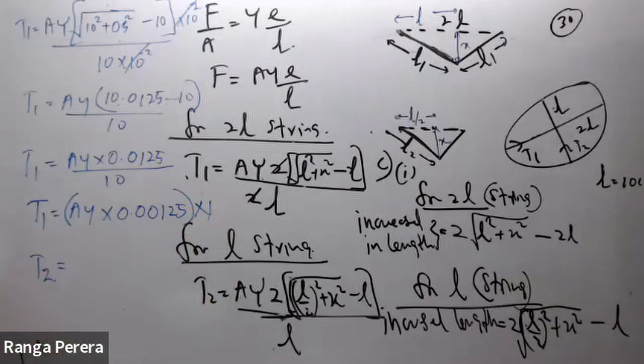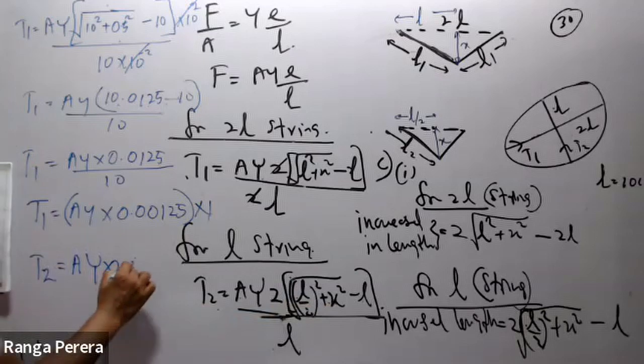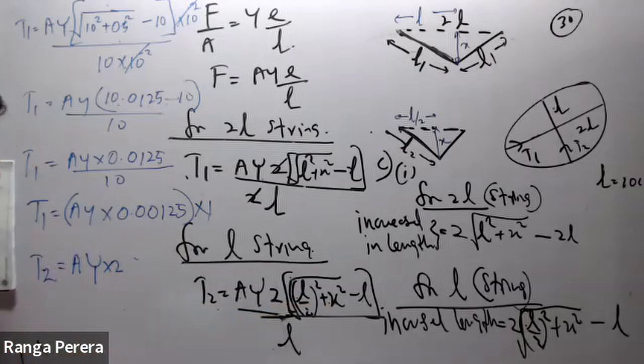Similarly, T2 we can calculate from here: cross section, Y, into 2. They ask us to take 5.025.